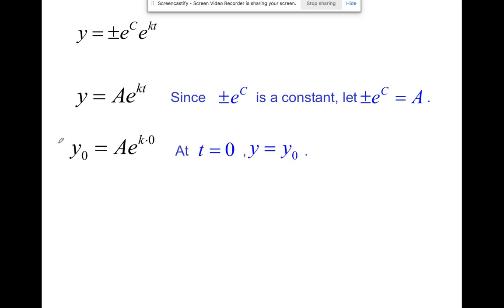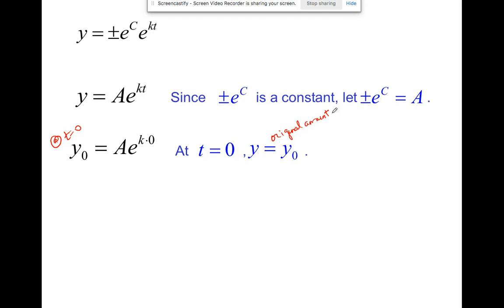But if I'm interested in when time starts, at t equals 0, this is my original amount. So whenever I decide to start the clock, let's say, there've been bighorn sheep forever, but suppose in a certain area, I count that there are 10 bighorn sheep.